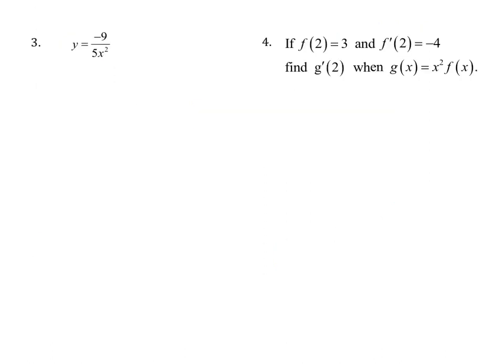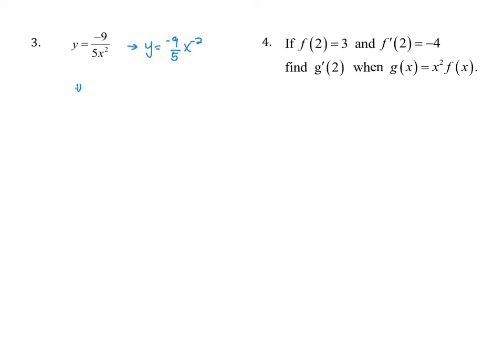Okay, looking at this next example, hopefully what you notice is I wouldn't even use the quotient rule on this one. Certainly we can, but I think your best bet on this one would be to change it to, I don't want it to say prime yet, y equals negative 9 over 5 x to the negative 2, because then I can just use the power rule.